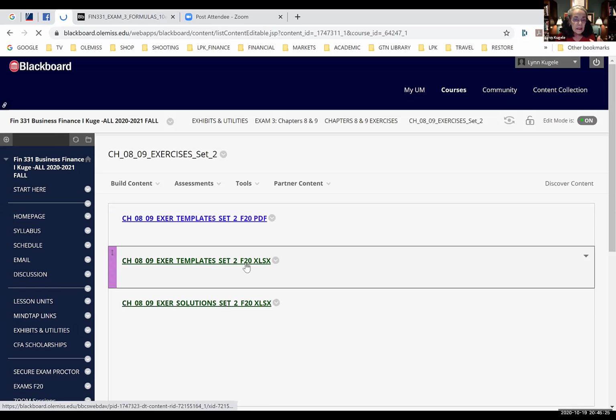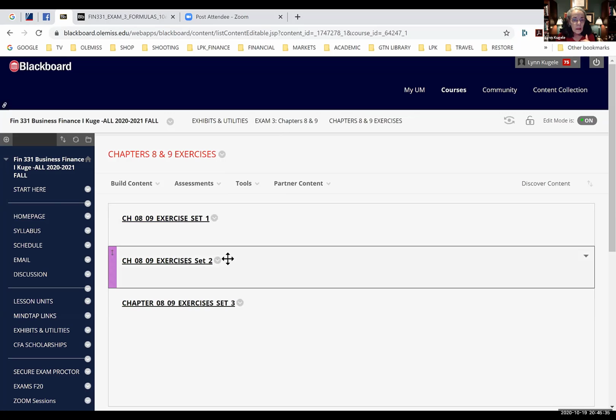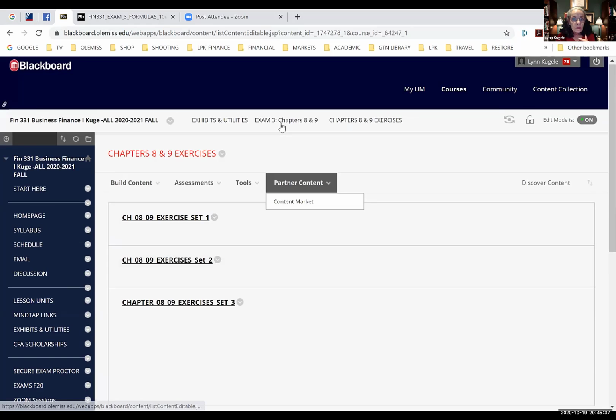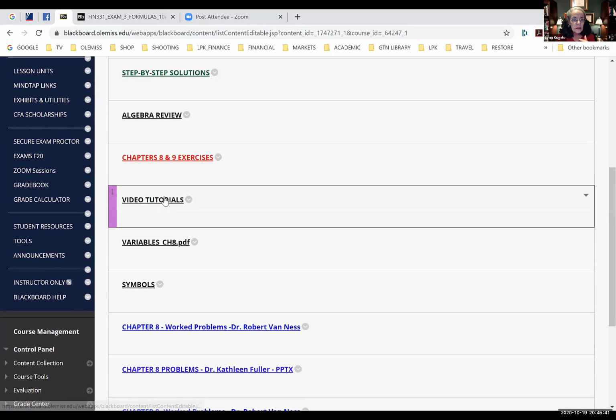In these cases, you can print out this template as a PDF if you want to work them by hand while I'm working on it. Here's set 3, which is kind of shorter. And what have we got in video tutorials?